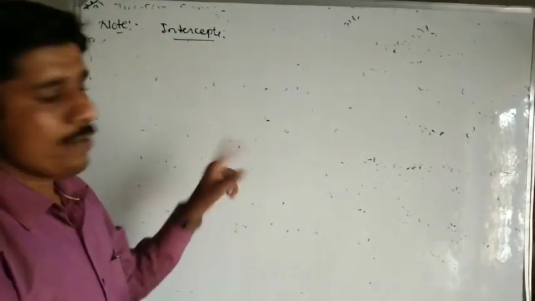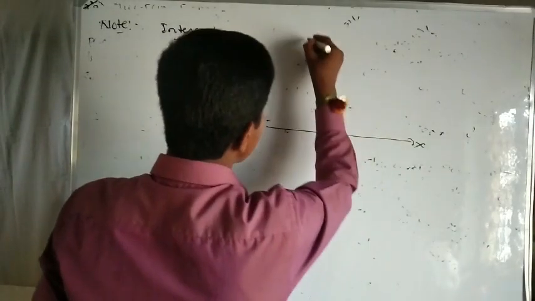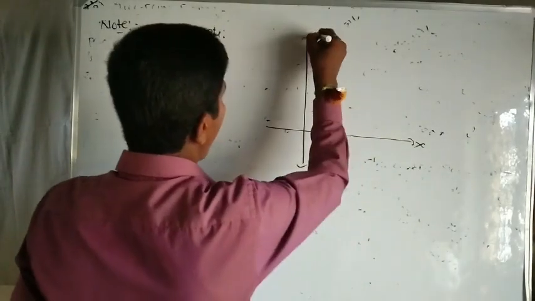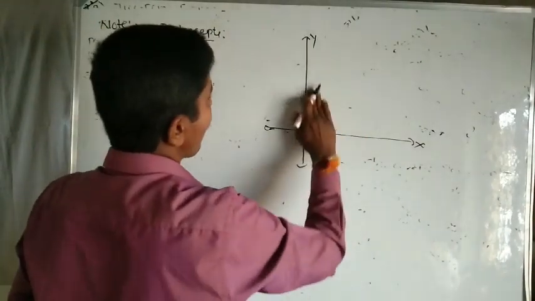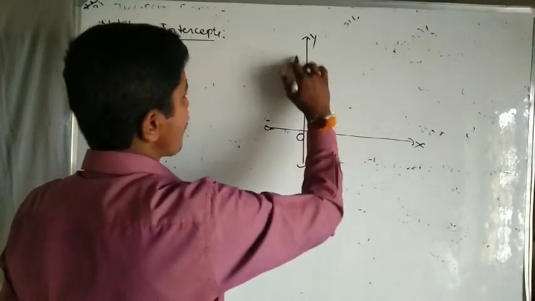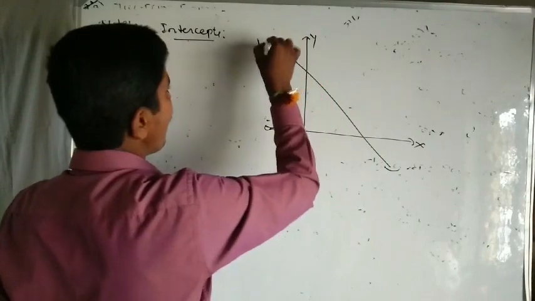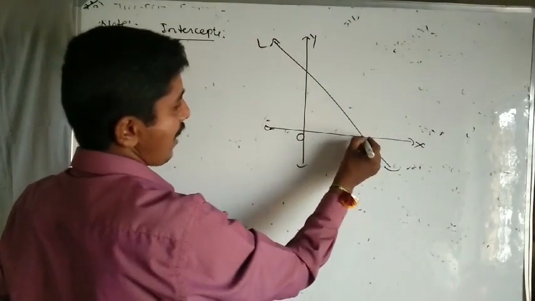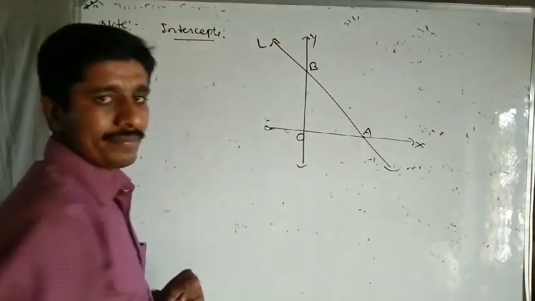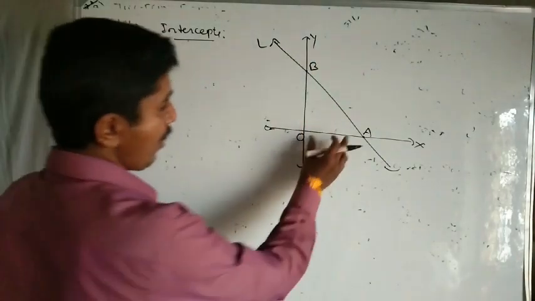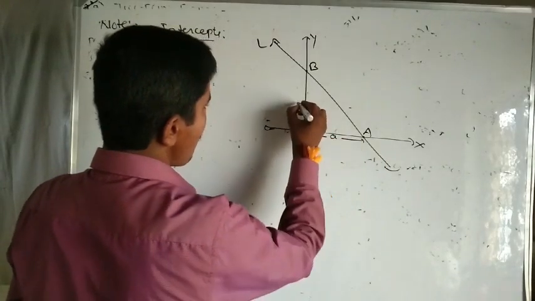Now to understand the concept of intercepts, consider the xy plane, x-axis, y-axis, O is the origin here. Let a non-vertical line L cut both x and y-axis. This line cuts the x-axis at point A, and the y-axis at point B. Let us take OA distance as a, OB distance as b.